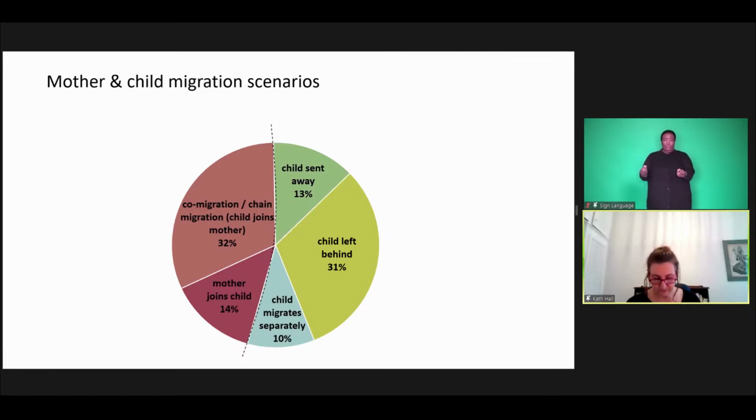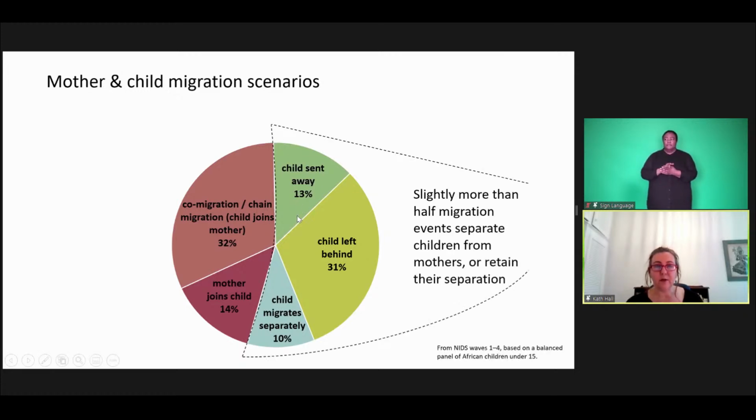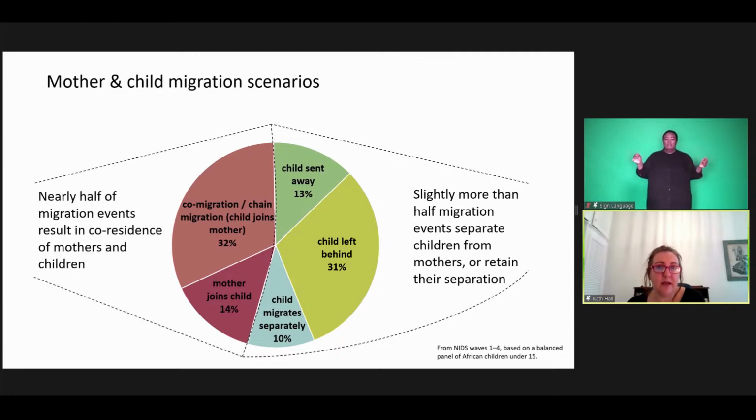What we found is that when children were sent away from mothers or were left behind or migrated separately from mothers, this happened in slightly more than half of the migration events where either a child or a mother or both migrated. And in these instances, it tended to result in children being separated from their mothers or to retain their separation, living in different places.